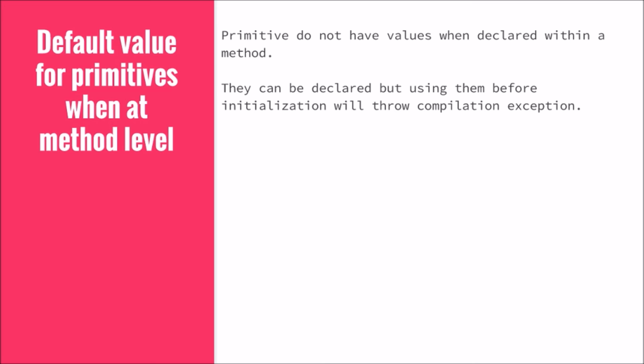You can say int i, then i equals 10. That means you are storing a value of 10 in i, so now you are initializing it. Only then can you do something like System.out.println(i). Before initialization of a local variable, if you try to use it, you will get a compilation error.